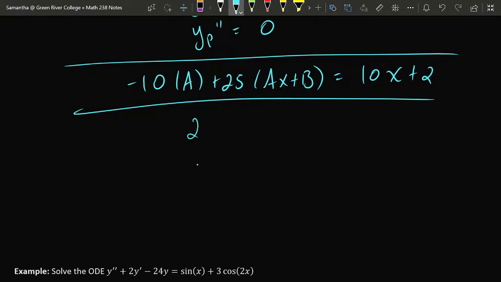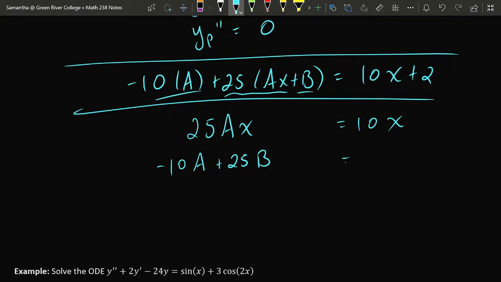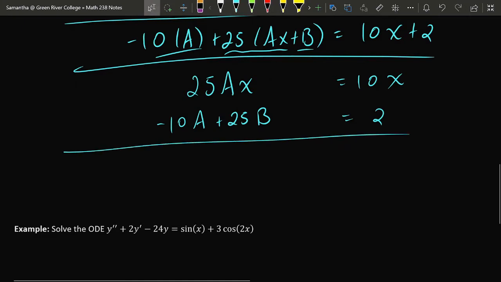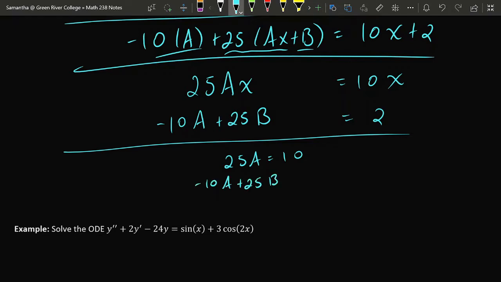My goal is to make 25ax, those are the x terms, equal to the 10x on the right side, and my goal is to make the negative 10a plus 25b, the constants on the left, equal to 2, the constant on the right. So this is going to imply that 25a is equal to 10, and negative 10a plus 25b is equal to 2, if I look just at the constants.